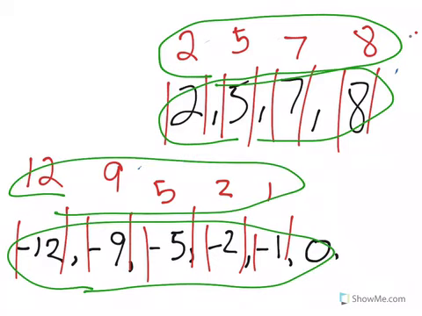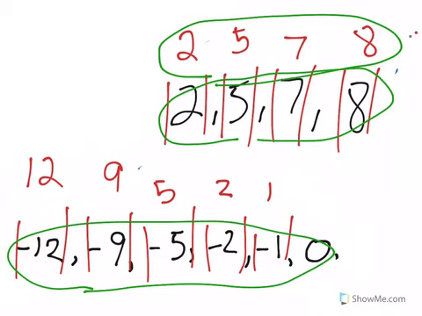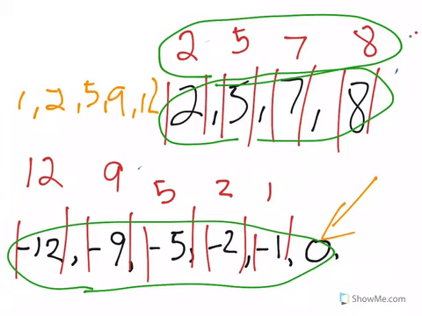These are not. We would actually have to reverse those. So if we put the negative numbers in order from least to greatest of their absolute value, then we would actually have 1, 2, 5, 9, and 12, which is the opposite of this.